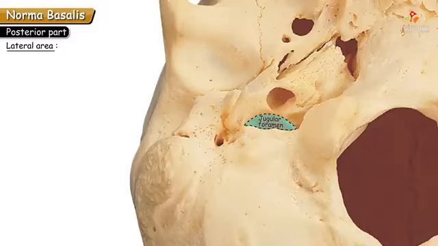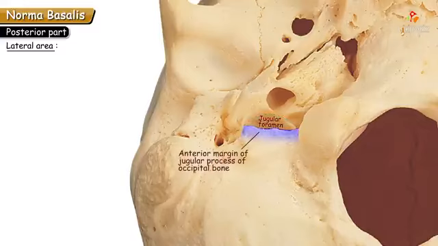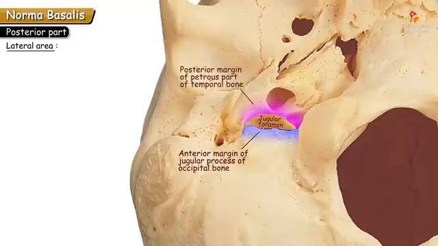So let's see where it is located first. It is situated between the anterior margin of the jugular process of the occipital bone and the posterior margin of the petrous part of the temporal bone. That is the gap between the petro-occipital suture. This gap is the jugular foramen.